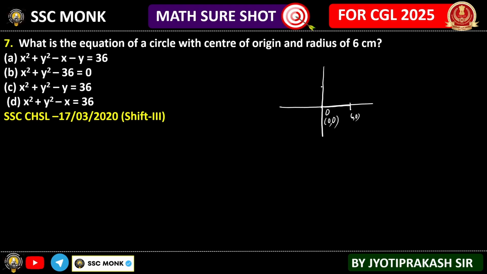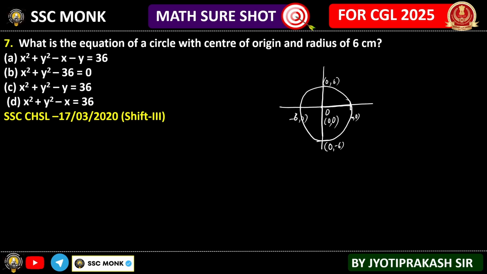This will be the same radius. Here I can write 0, 6, this will be the radius. Here it will be minus 6, 0. Here it will be 0, minus 6. And through these particular points, the circle has passed. This is how the circle will look like.